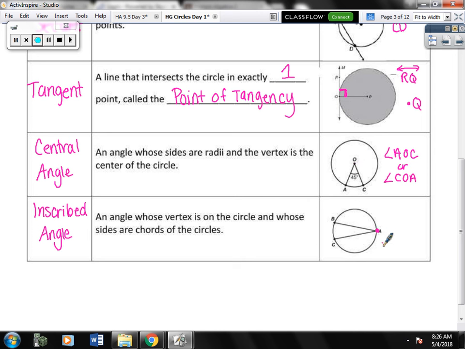And this would be called angle BAC or angle CAB. So our first two examples are just going to be identifying these parts in a circle. And then we're going to learn some formulas that will relate the measure of the angle to the measure of the arc that it creates.